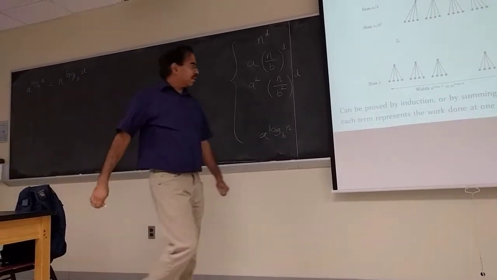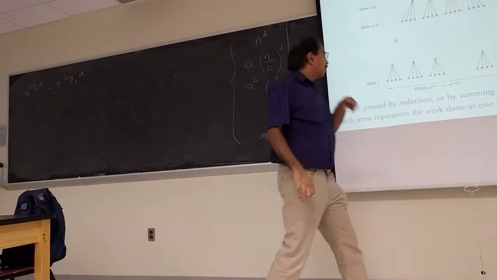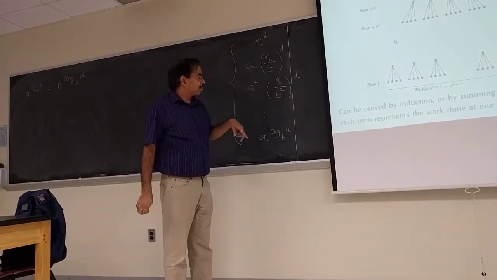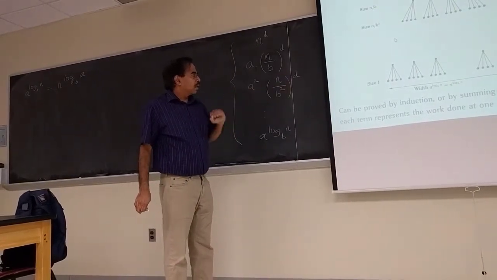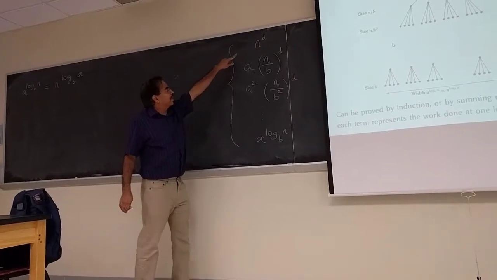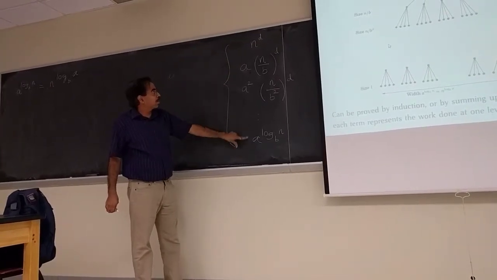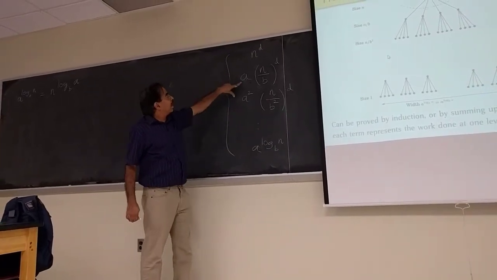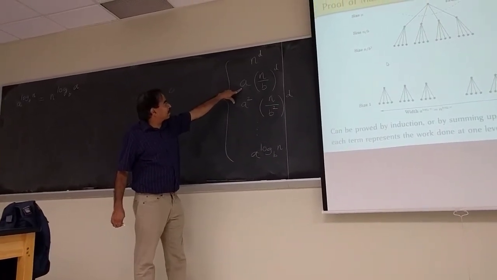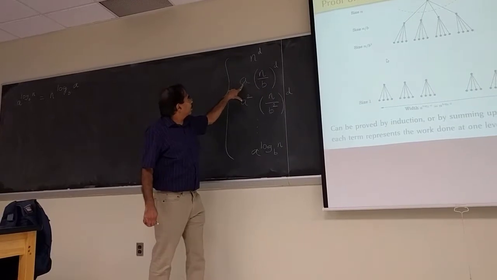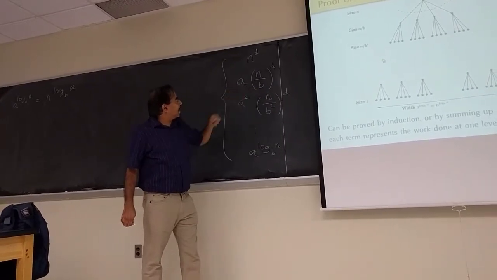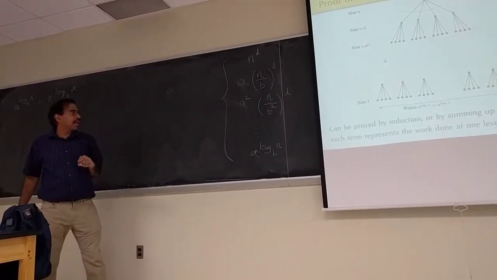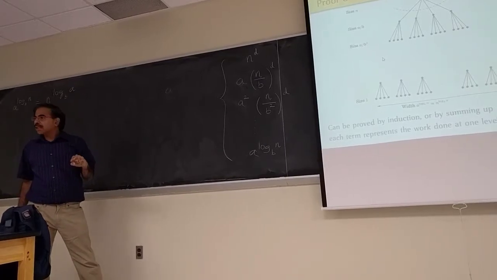It's a fairly simple manipulation on logarithms to get to that. Now what you have here is something like a geometric series. You have something increasing by a factor of, you are multiplying by a and dividing by b to the power something.